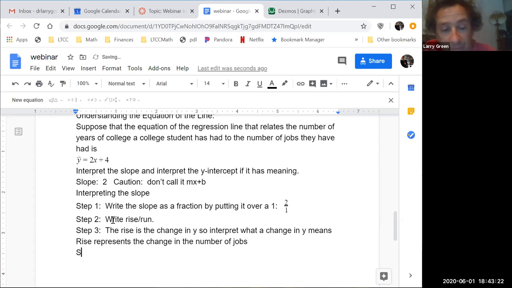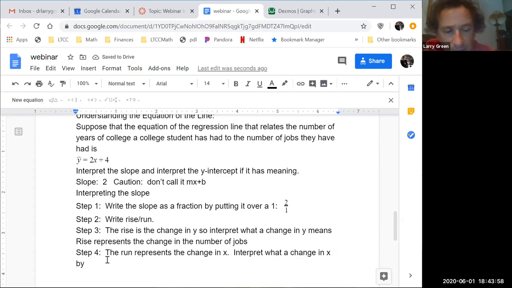Step 4. Similarly, the run represents the change in x. And remember, we're always putting it over 1. So interpret what a change in x by 1 means.